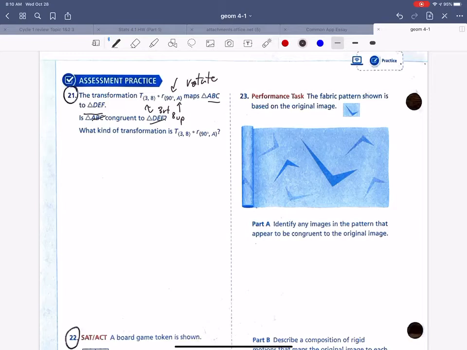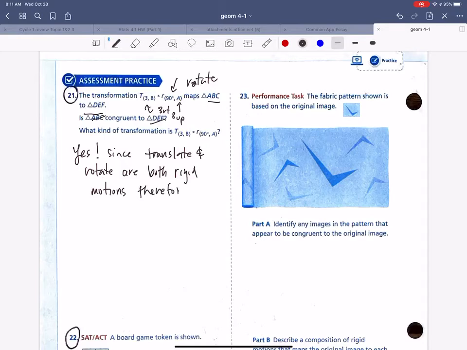The answer is absolutely yes. Since translate and rotate are both rigid motions, therefore the size and shape would stay the same.